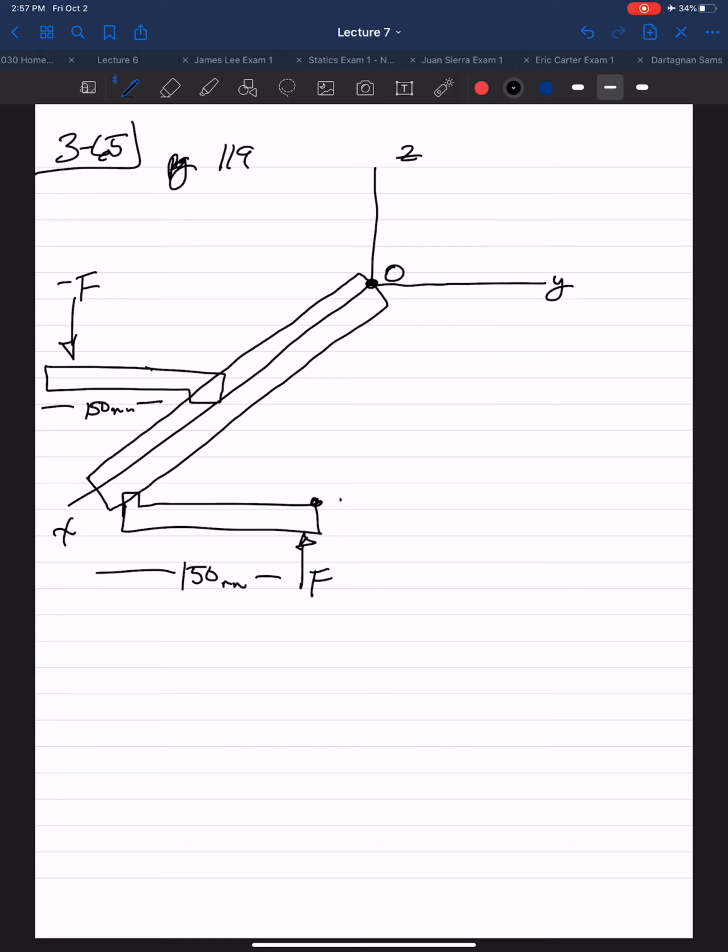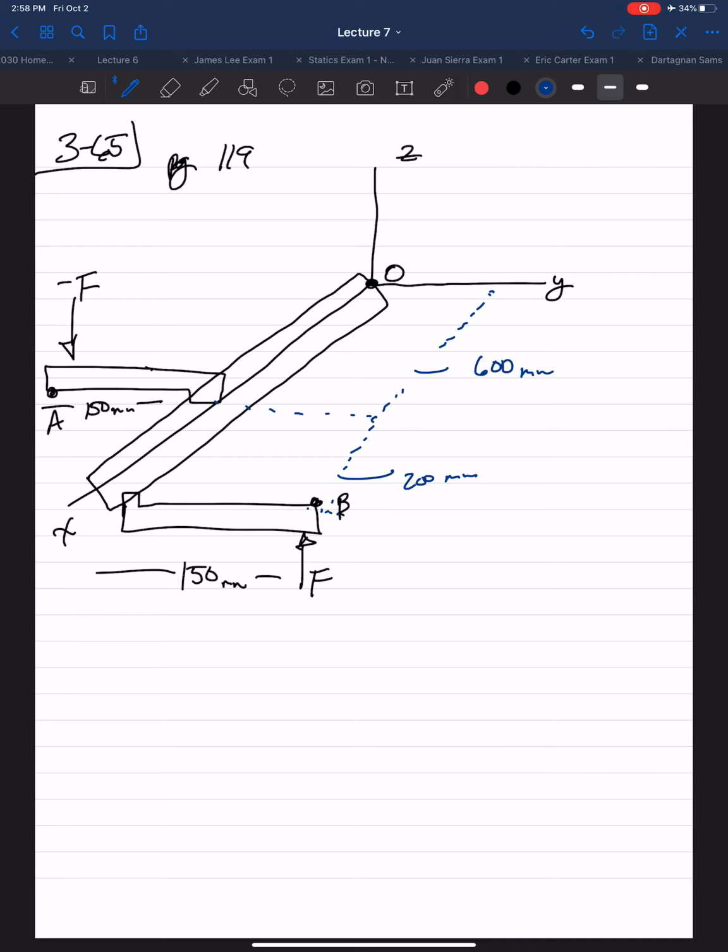This is point B, point A. This distance here is 600 millimeters. This distance here is 200 millimeters. Okay, I believe that's all we really need right now.